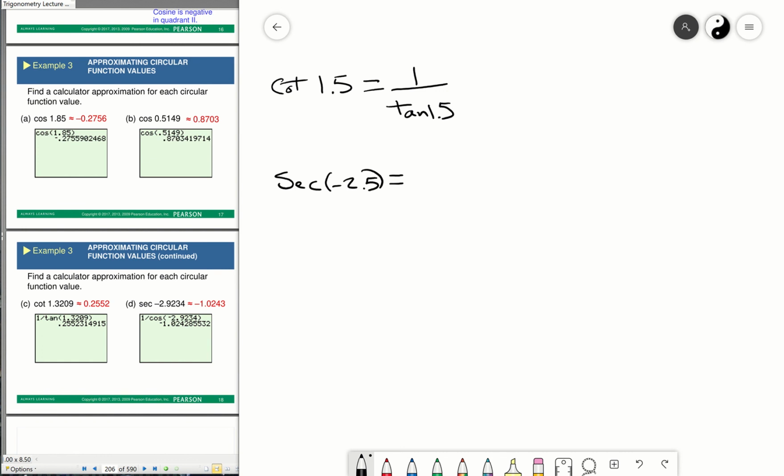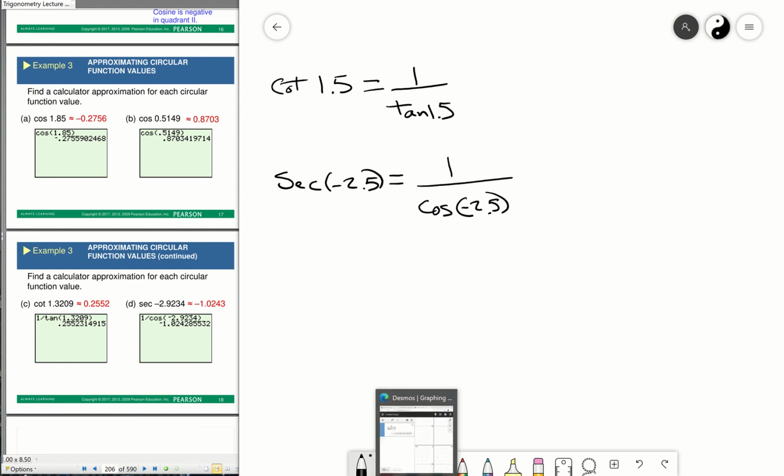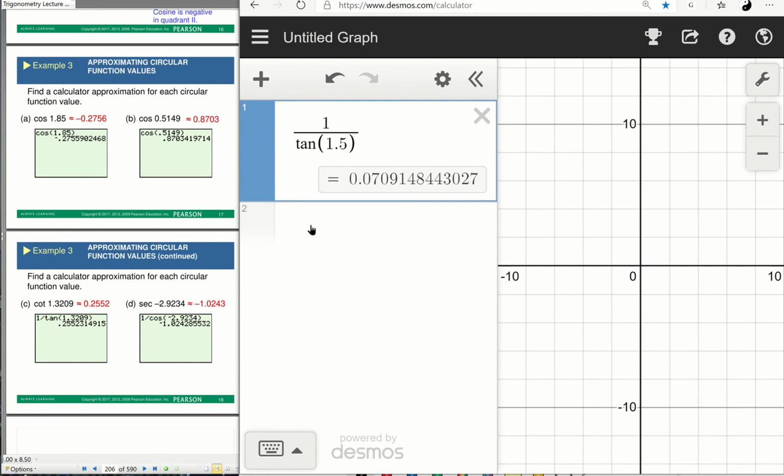All right, so I'm hoping you're coming back from a pause. And of course, as you know, there is no secant button on the calculator either, so we're just going to go 1 over the cosine of negative 2.5. And that's what we will type into our calculator.